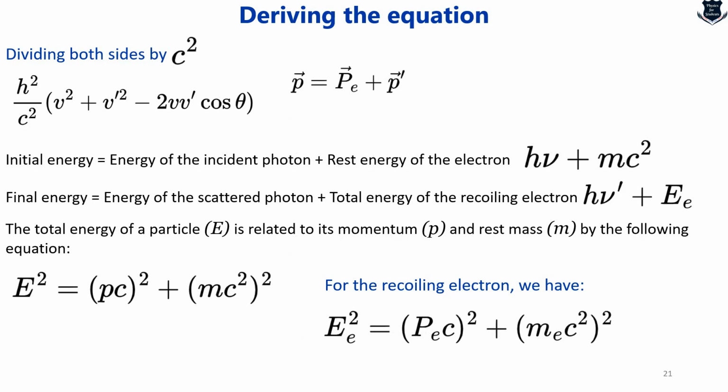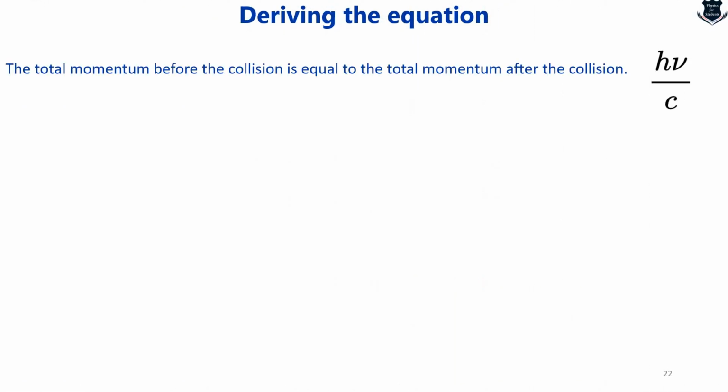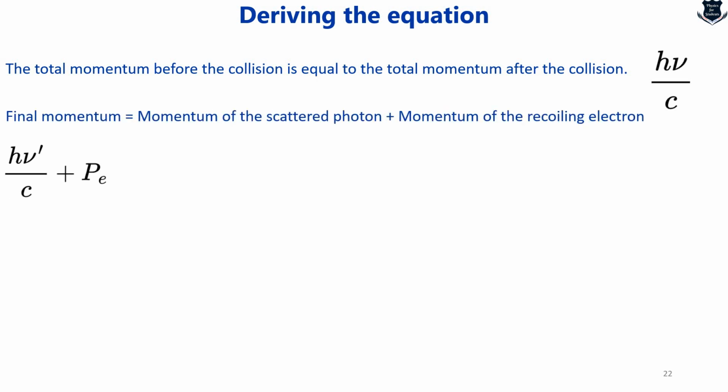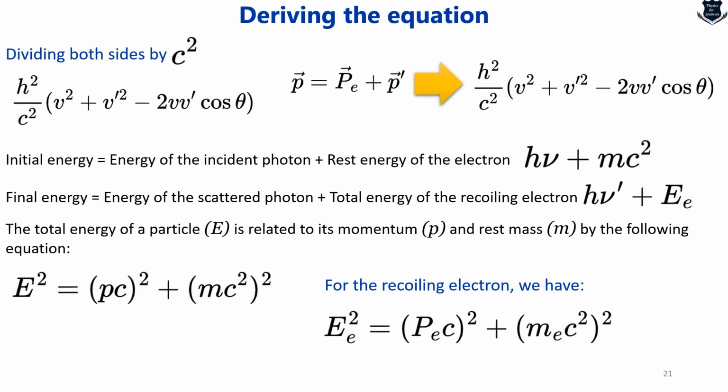Now the total momentum before the collision is h nu upon c. The final momentum, if you go back to this slide, you can see the initial and final energy.